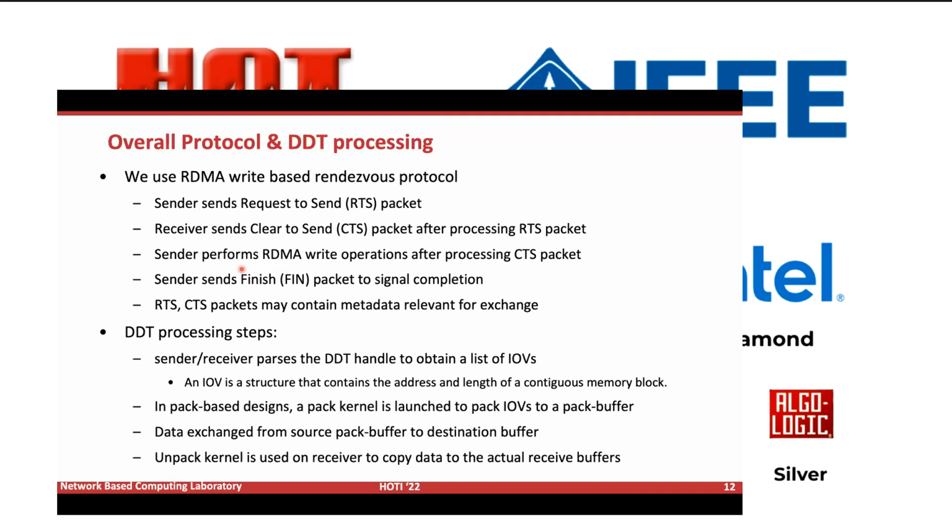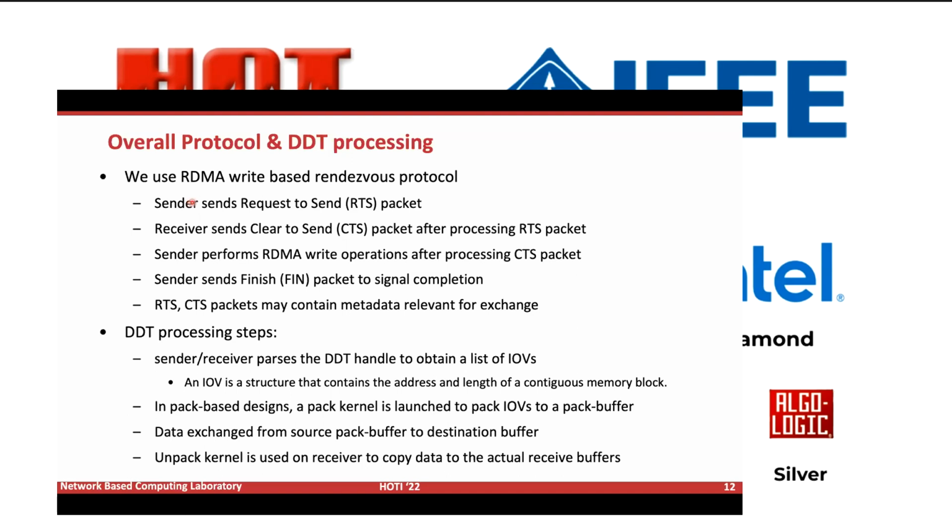In this slide, we have outlined the overall protocol that we used and also the DDT processing steps. Our overall protocol is an RDMA write-based rendezvous protocol. In this, typically the sender sends an RTS packet to the receiver, and then the receiver sends a clear to send, or CTS, packet to the sender.